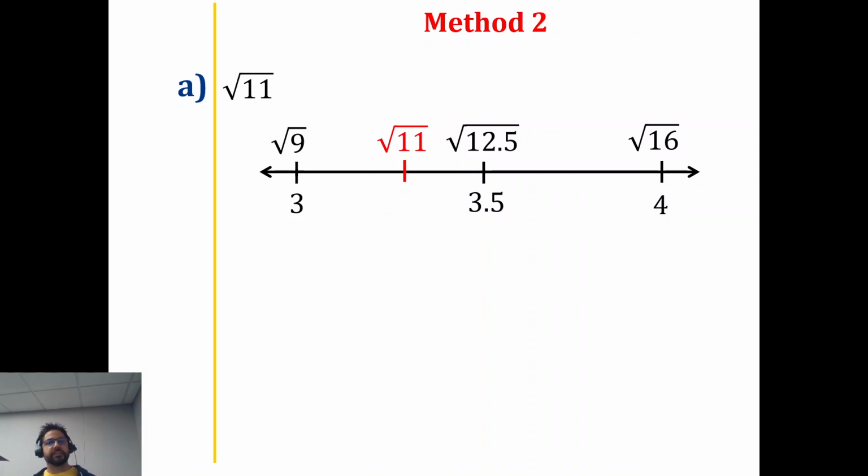That tells me that the square root of 11 is a little bit less than the square root of 12.5. So that means I really have 4 options to choose from: 3.1, 3.2, 3.3, and 3.4.